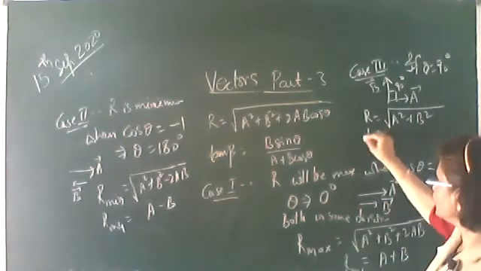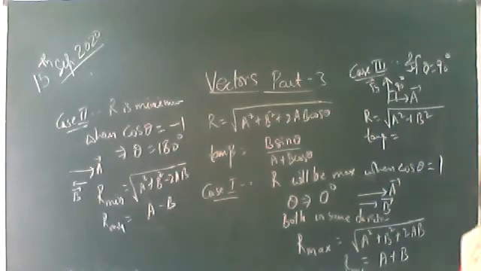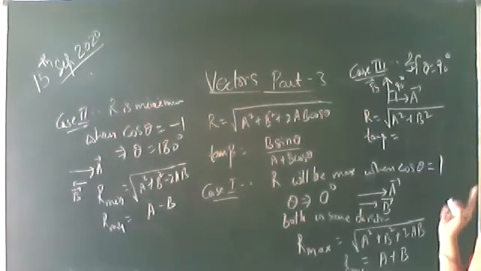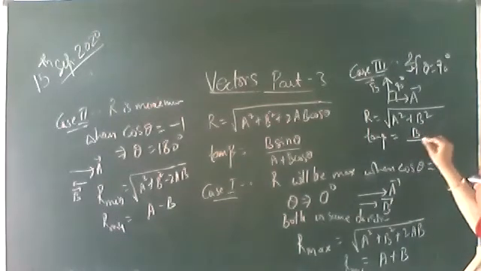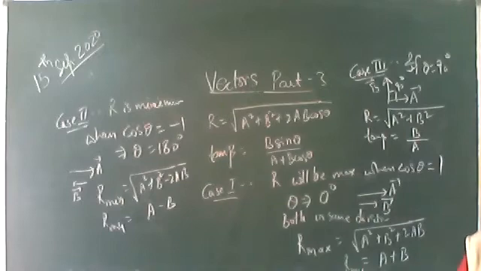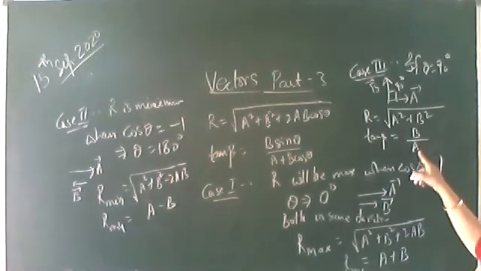What will be the direction of the resultant? Tan beta is B sin theta, B sin 90. Sin 90 we know is equal to 1. So B upon A plus B cos theta, cos 90 is 0. So what is the angle?